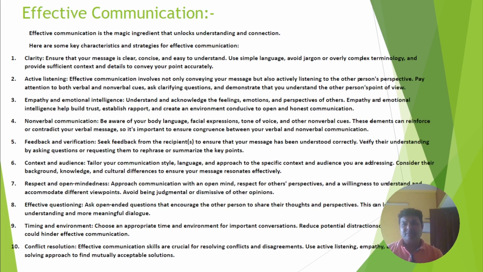Clarity means ensure that your message is clear, concise and easy to understand. Use simple language, avoid jargon or overly complex terminology, and provide sufficient context and details to convey your point accurately. That is called clarity.